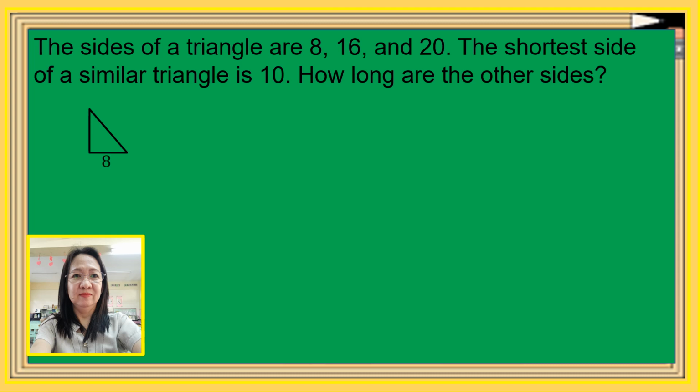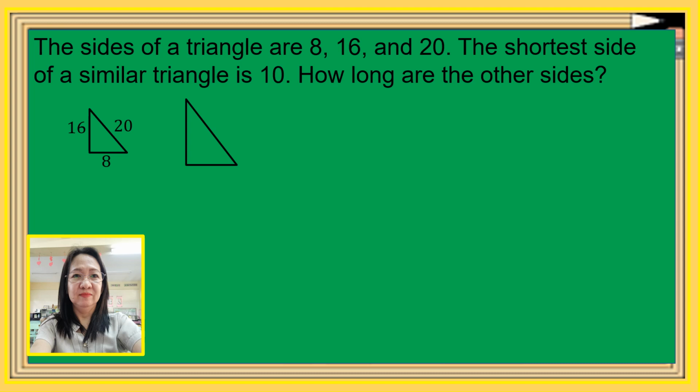The shortest side is 8, the longer side is 16, and the longest is 20. Now in the next triangle, the shortest side is 10. So if you're going to look, our original is 8, meaning it is a larger triangle.